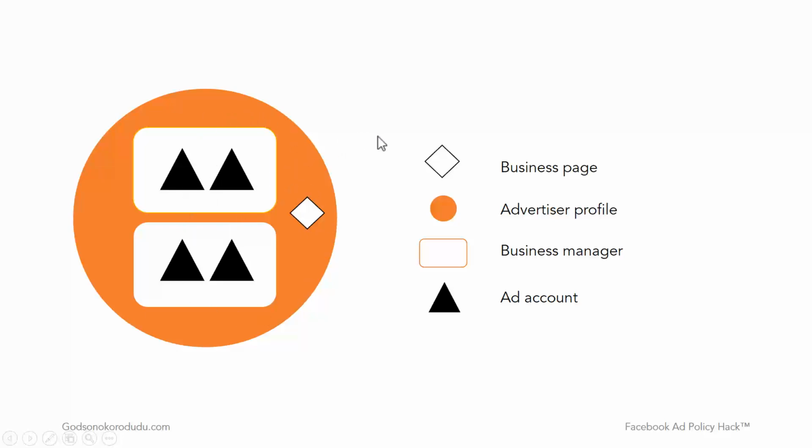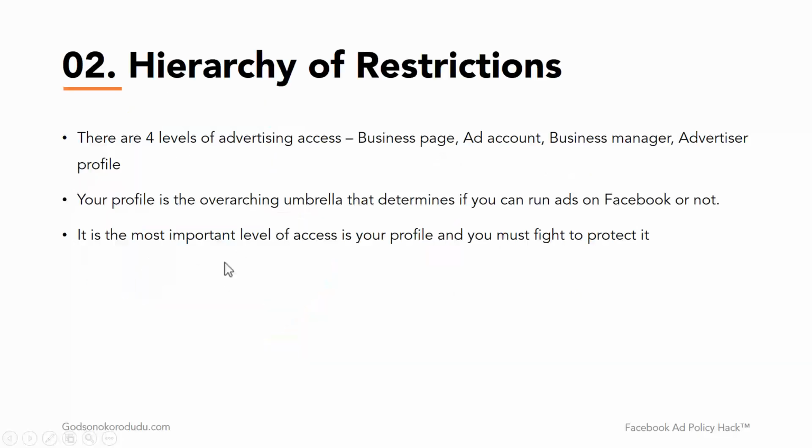Now, from this picture, you can see that the advertising profile is the most important, because without the advertising profile, you cannot access the business managers, the ad account, or the business page. So your profile is the overarching umbrella that determines if you can run ads on Facebook or not.